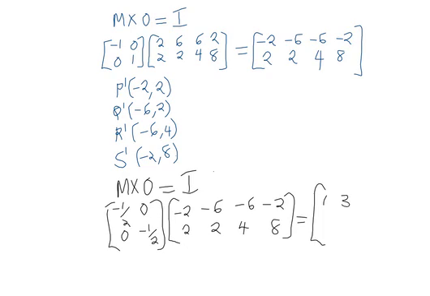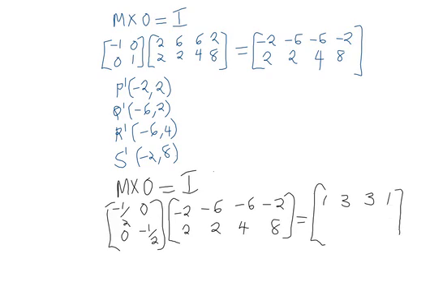First row, third column, negative half multiplied by negative 6, which is 3, plus 0 multiplied by 4, which is 0, so here we have 3. First row and the fourth column, we have negative half multiplied by negative 2, which is positive 1, plus 0 multiplied by 8, which is 0, so here we have 1.